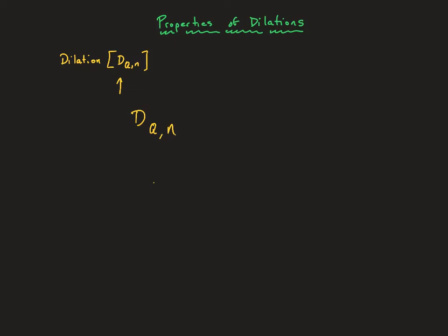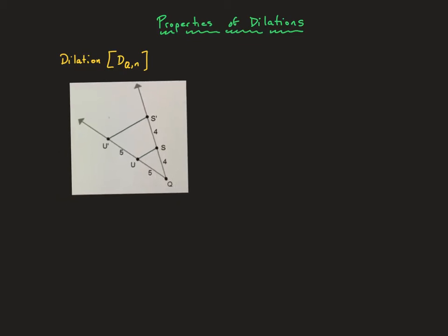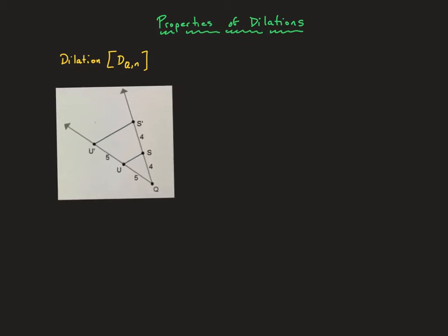So if we look at an example, what we have here is a line segment SU, and it is dilated to create S prime U prime. Okay, so here's our SU, and then here's our dilation, and it's using point Q as my center of dilation.